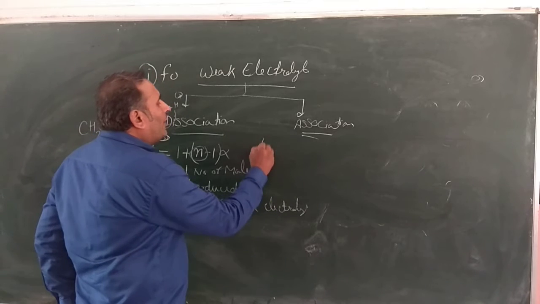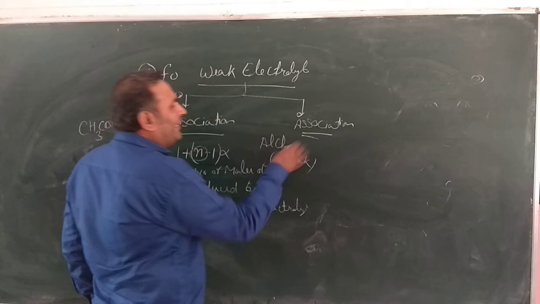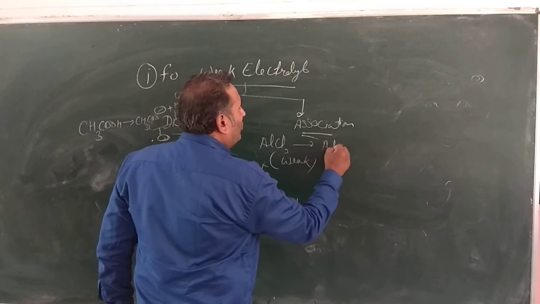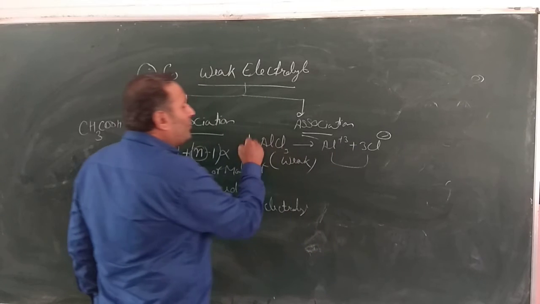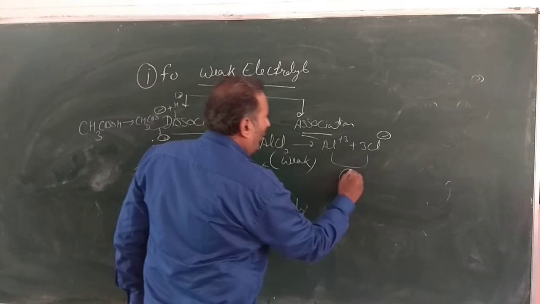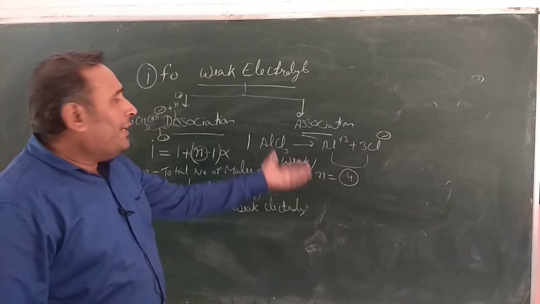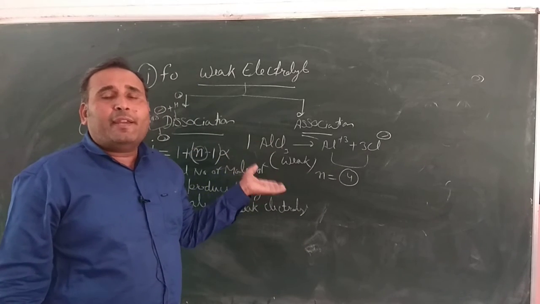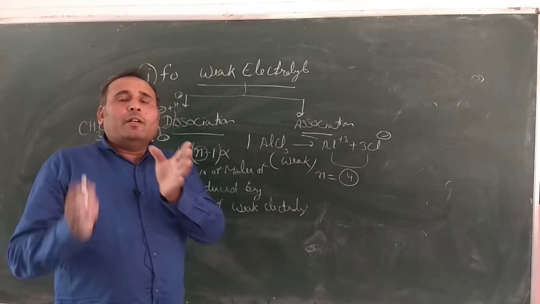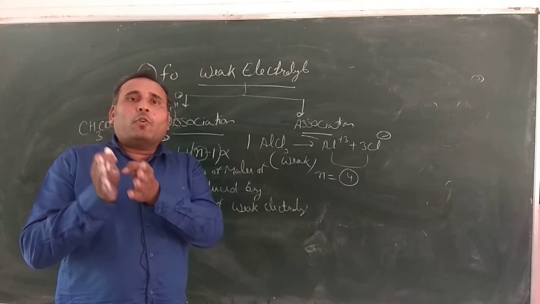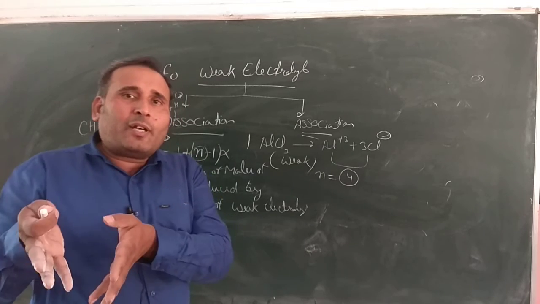Then it will ionize into Al plus 3 plus 3Cl minus. So the total moles of ions produced by 1 mole of AlCl3 is 4. So n of aluminium chloride is 4 if it is behaving like a weak electrolyte. Simply we can say the Van't Hoff factor of a strong electrolyte becomes n when that strong electrolyte is behaving like a weak electrolyte.